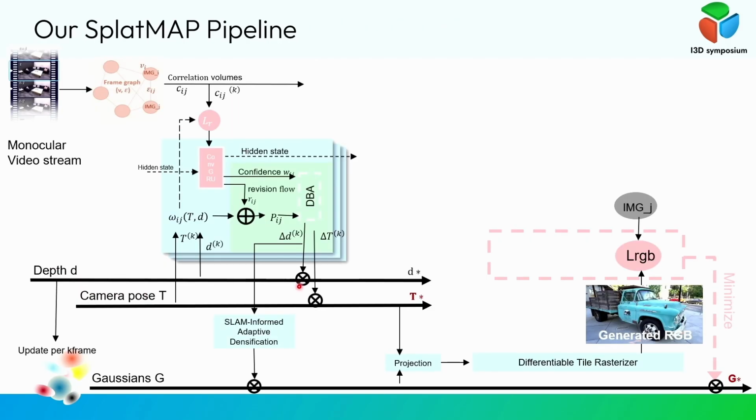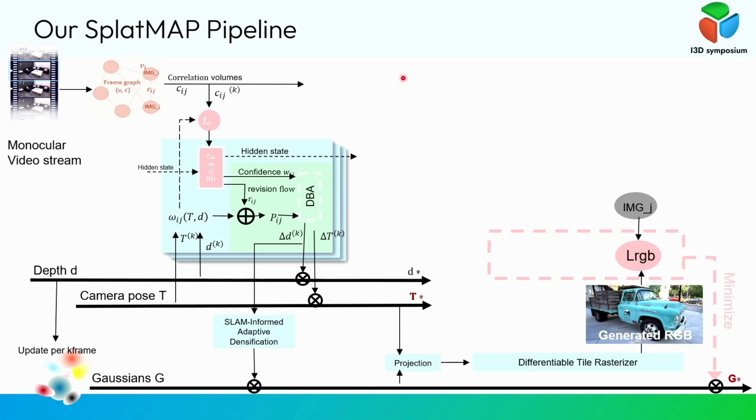So that's why we introduced the SLAM-informed adaptive densification here. Every time a new frame comes into our system, we update the depth, camera pose, and also our mask, and then we feed this information into the SLAM-informed adaptive densification, and we modify the current 3D Gaussian scene.